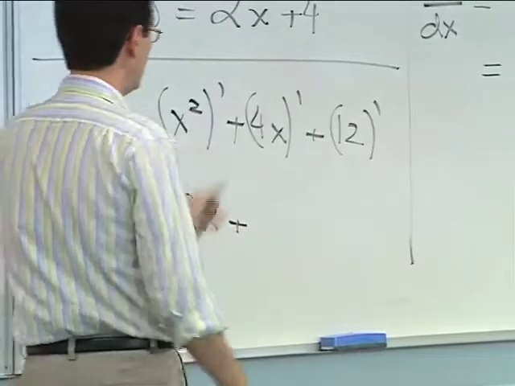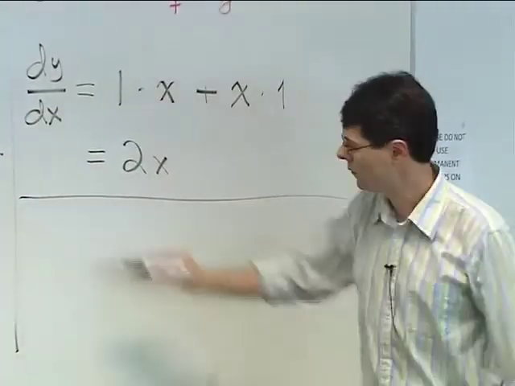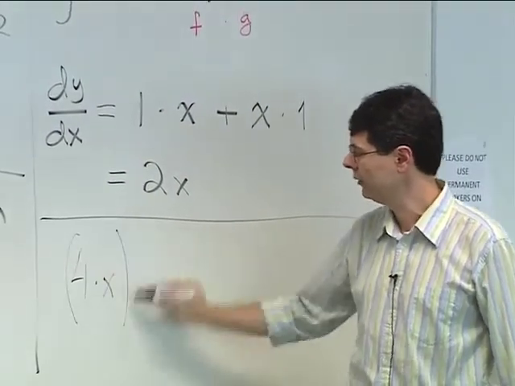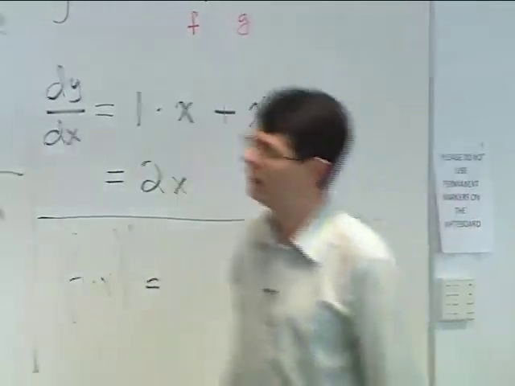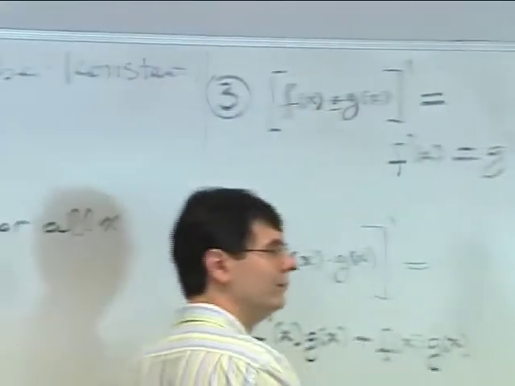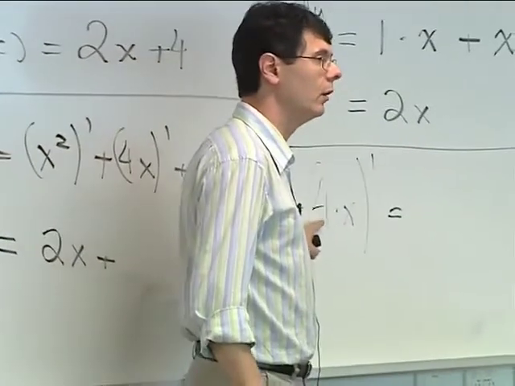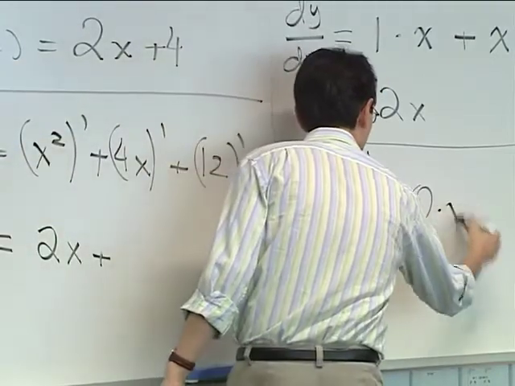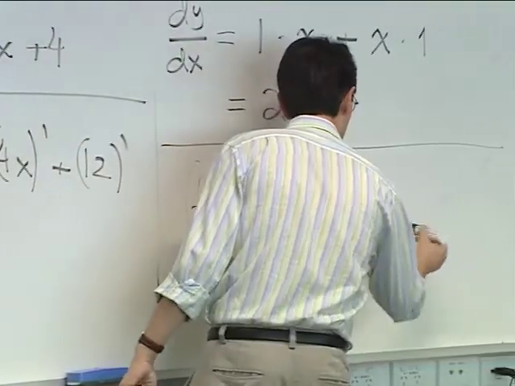Plus, what is the derivative of 4x? Well, we're going to have to do that one. 4 multiplied by x. If I take a derivative, what do I get? I'm going to use the product rule. Okay? What's the derivative of 4? 4 is a constant number. What's the derivative of a constant? 0. So this is 0 times x plus 4 times the derivative of x.